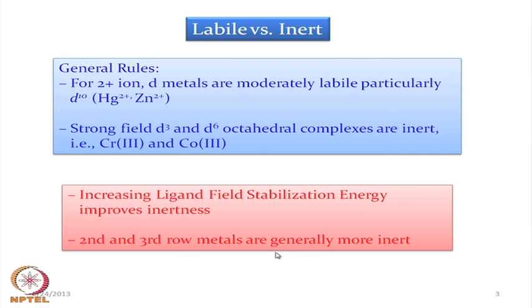When we study the kinetics of these complexes, the good choice would be compounds from the second and third row elements. For ruthenium and osmium, or for palladium and platinum, we can measure the rate of reaction very easily, because most of the compounds available there are inert in nature.